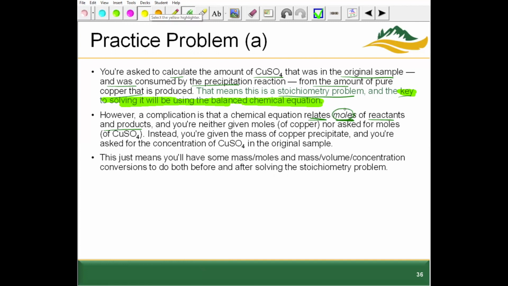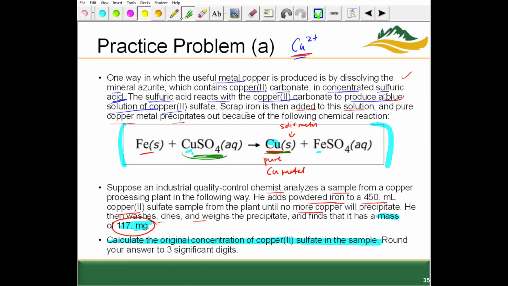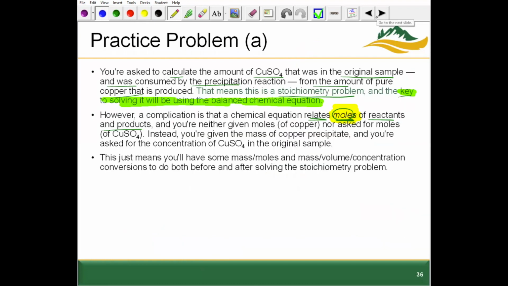Really importantly, for stoichiometry, remember when in doubt, convert to moles. These molar coefficients are all related by 1 mole to 1 mole to 1 mole to 1 mole. Remember, these tell us the mole to mole ratios of our reactants and products.